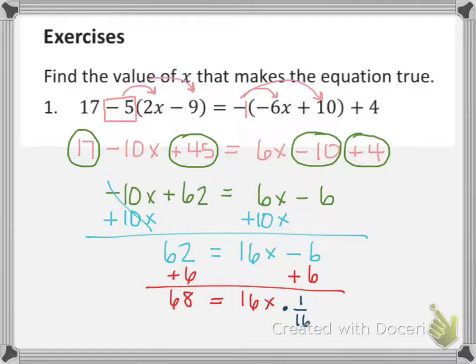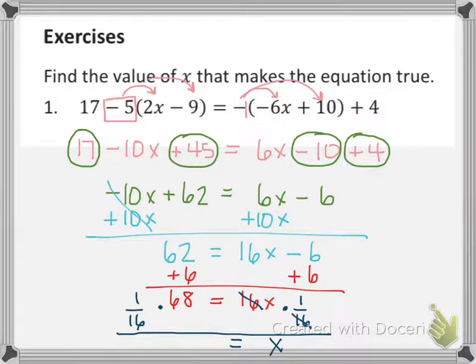You could divide by 16. I'm doing the same thing by multiplying by the reciprocal of 16. If you use this method, then when we get fractional coefficients, it's no change in how we solve this problem. So the 16 divided by 16 cancels. It becomes a 1 or 1x, which is what we want.